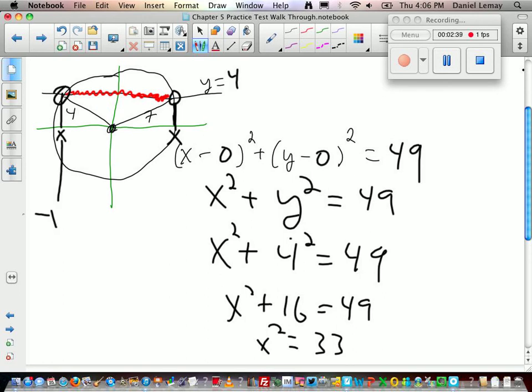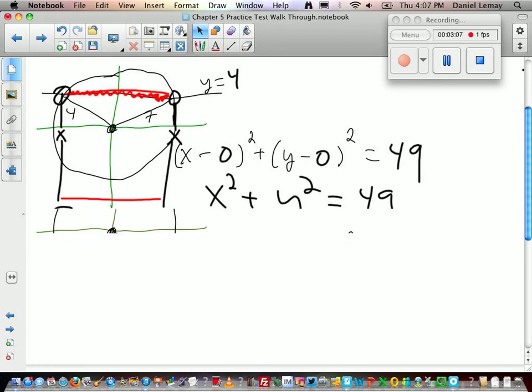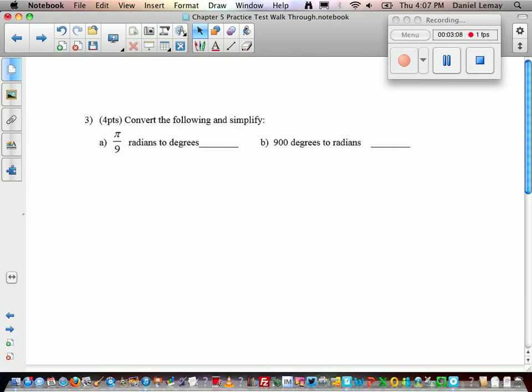For this problem specifically, that's negative root 33, that's positive root 33, and how wide is that line? How far apart are those? Well, isn't that 2 times the square root of 33? And that's how far is inside that circle. Okay, a little bit easier problem than the one you had to do in the book. But I'm going to ask you in the test, it could be one or the other. I don't know which yet. I'll have to make up my mind.